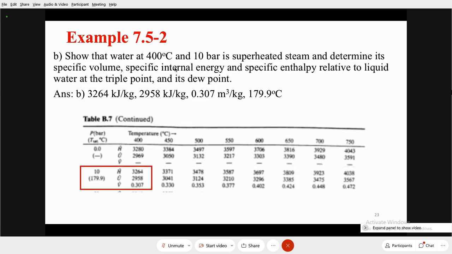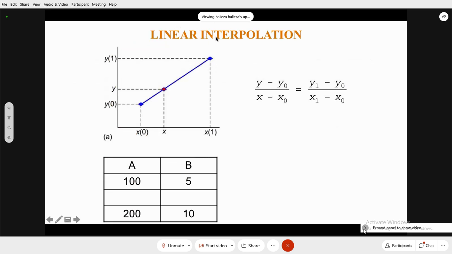I'll give you some time to do it, and I'll ask for the answer later on. For those who don't have your calculator, you really need to calculate it.